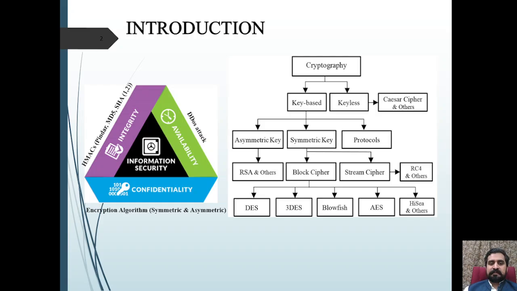As with data confidentiality, cryptography plays a major role in ensuring data integrity. A commonly used method to protect data integrity includes hashing the data you receive and comparing it with the hash of the original message. In our next lecture, we will move forward to the different integrity algorithms.